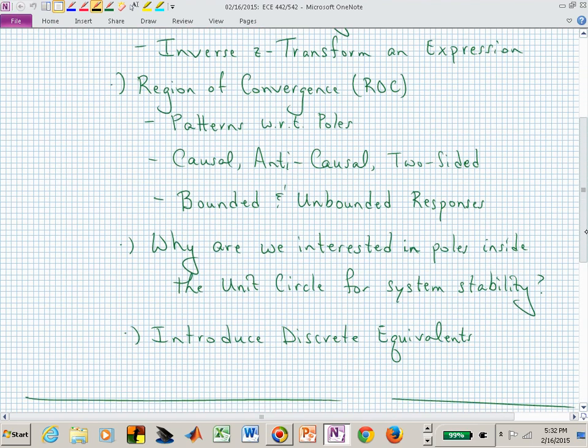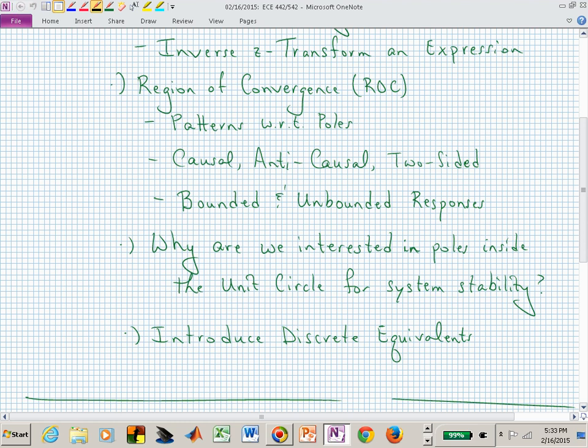Then we will spend quite a bit of time talking about the region of convergence, and I want you to get comfortable with the patterns with respect to the poles. There's really only 3 patterns. We have this inner circle that's shaded. We have the entire Z-plane with the center cut out, and then we have this donut shape or annular region. Those are the 3 patterns, and those are all going to be relative to our poles in the Z-plane.